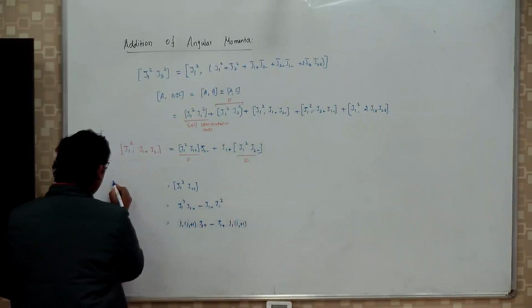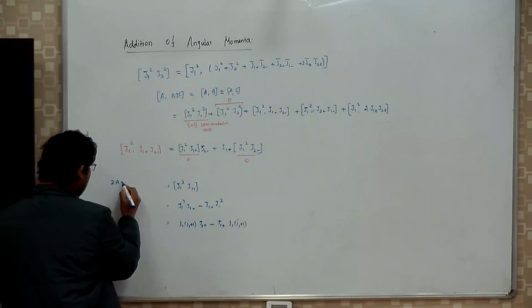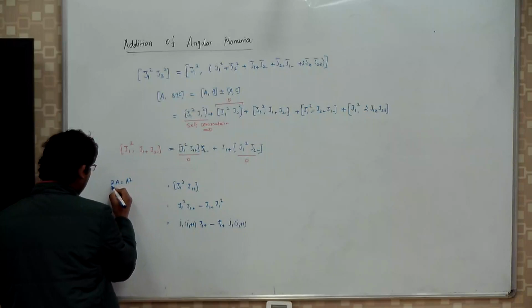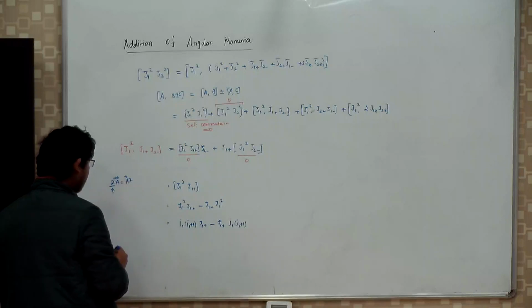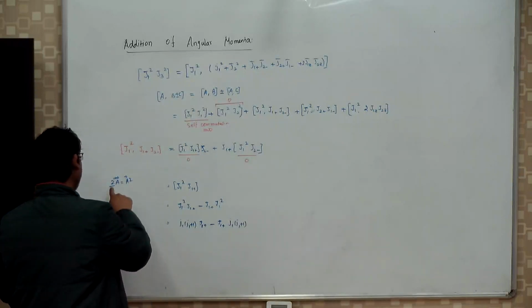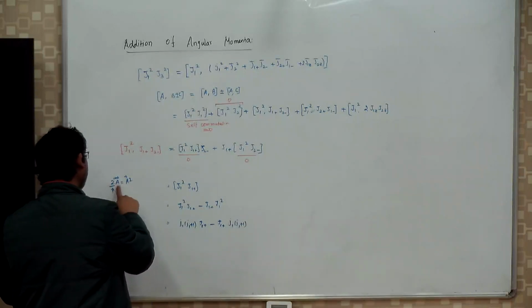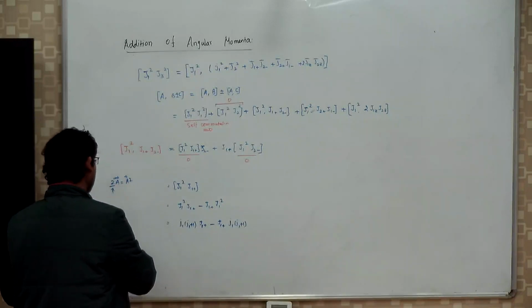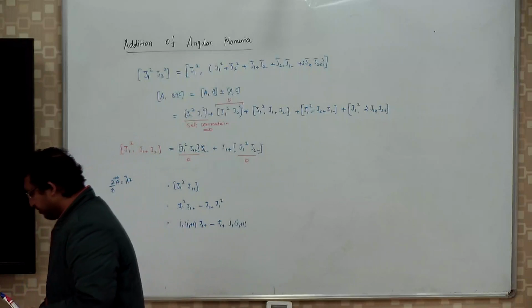So for example, 2a is equal to a2. This is actually a number, a scalar quantity. This is a vector quantity. If we are multiplying a scalar with a vector, it is the same as multiplying a vector with the scalar. So in that case again this term will become 0.